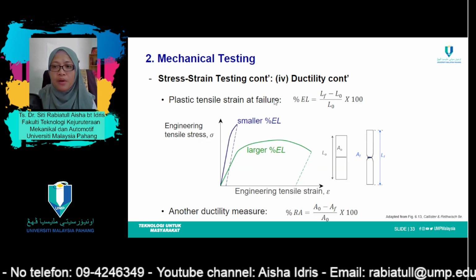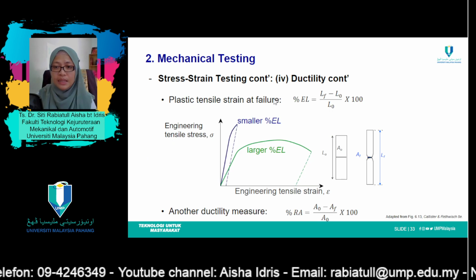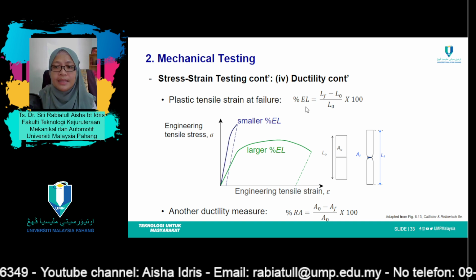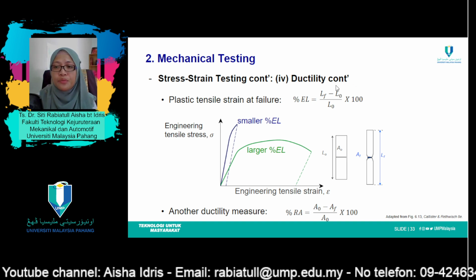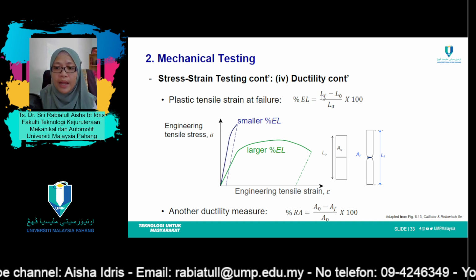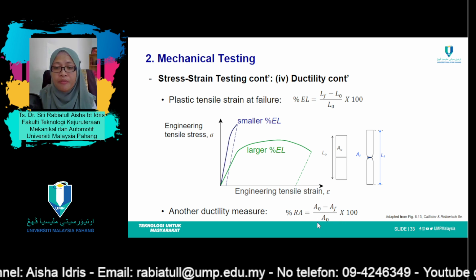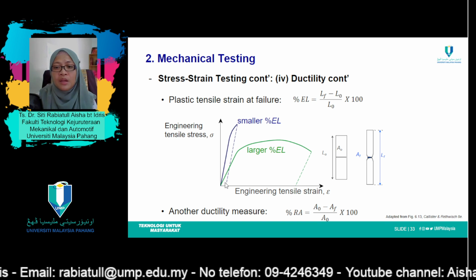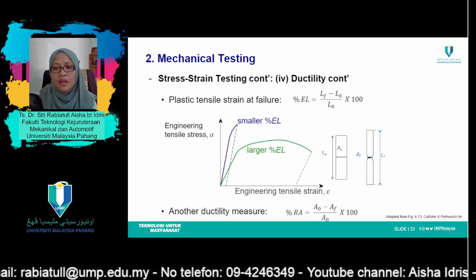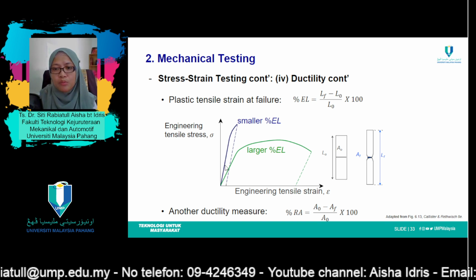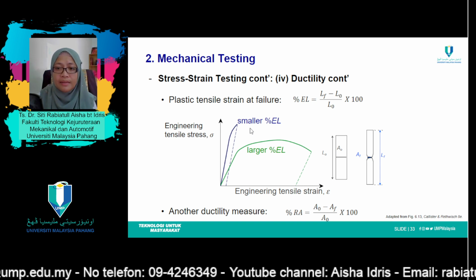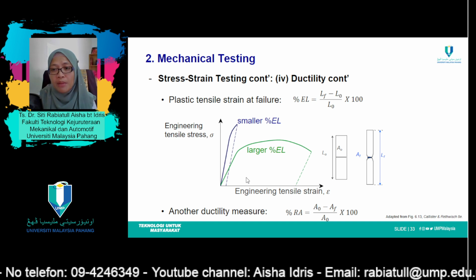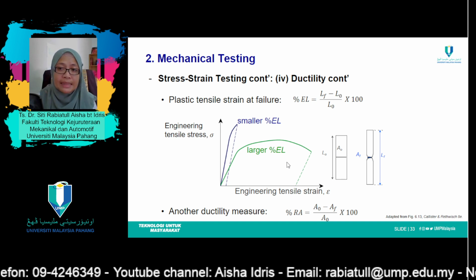And number 4, this is still ductility, and this is how you calculate the value of ductility. It is either using the value of length or using the value of area. And if you look at this graph over here, brittle material will have smaller ductility, whereas ductile material will have larger ductility.